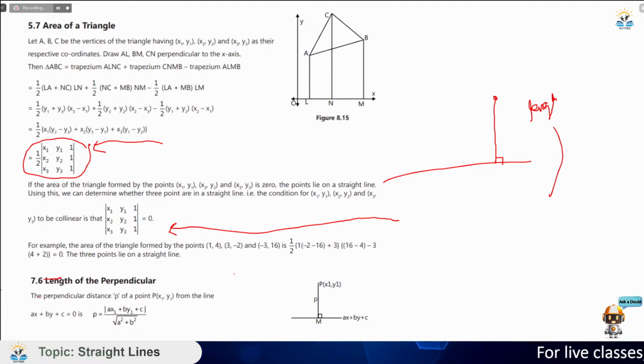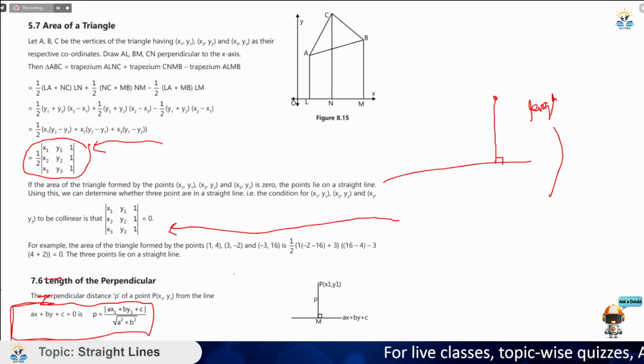So this is the equation of distance between a point and a line.